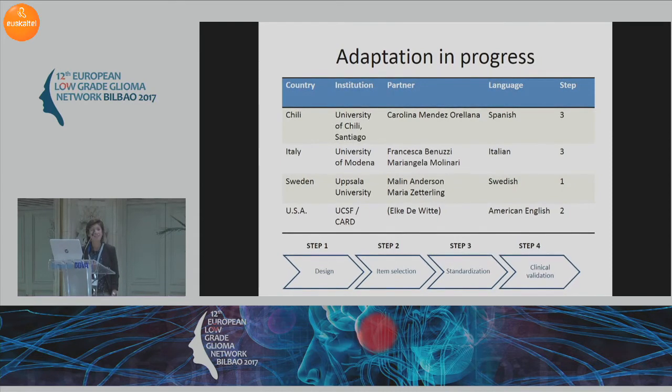And it's very interesting to learn more about other languages. So I think it's a very nice way also to look at the complexity of language. Also in UCSF, Elke de Witte worked there last year, and during that period she also adapted with some colleagues some subtests of the protocol. So it's step 2.